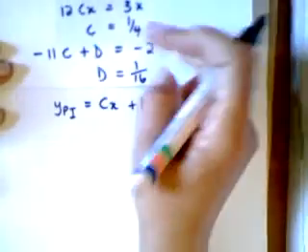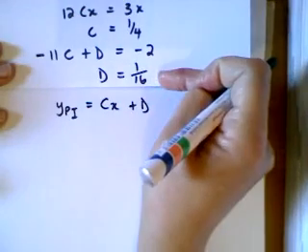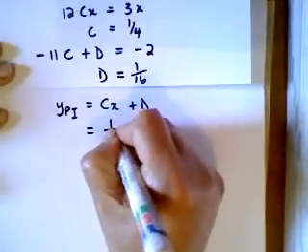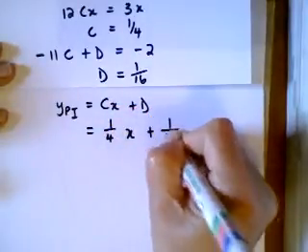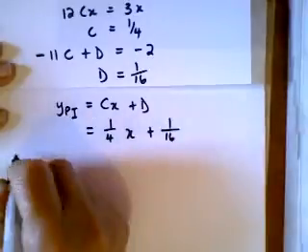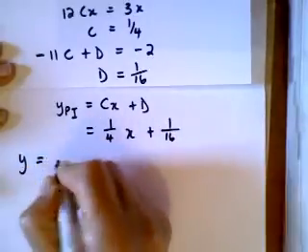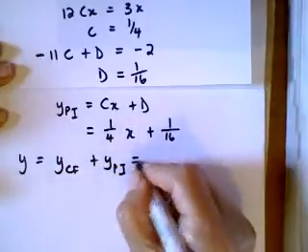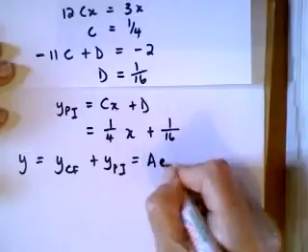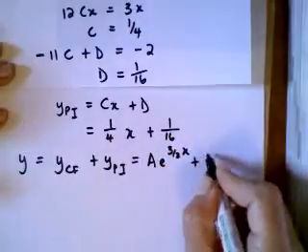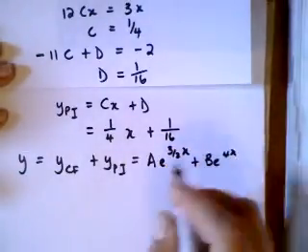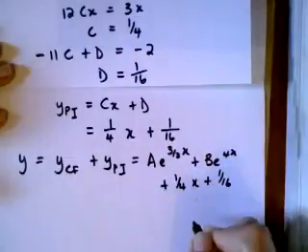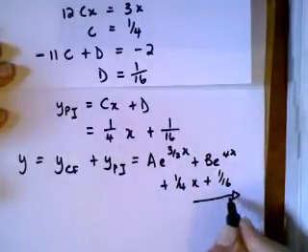We now know that c is a quarter and d is 1/16, which means y_PI is going to be (1/4)x + 1/16. That means the final solution is going to be the complementary function plus y_PI, and it is going to be Ae^(3/2 x) + Be^(4x) + (1/4)x + 1/16. And that is the solution.